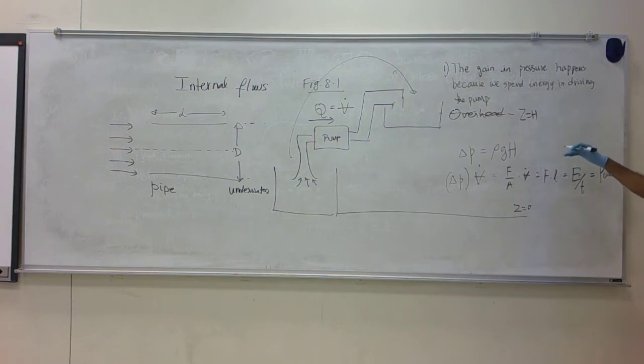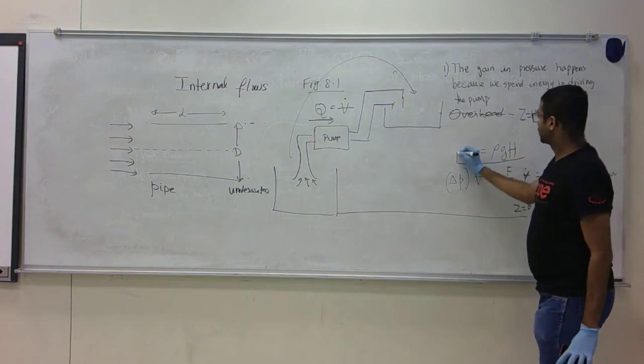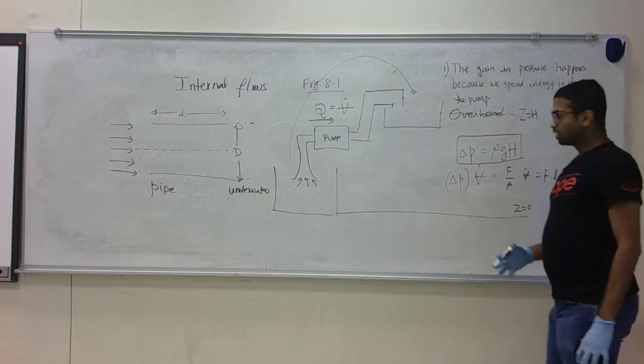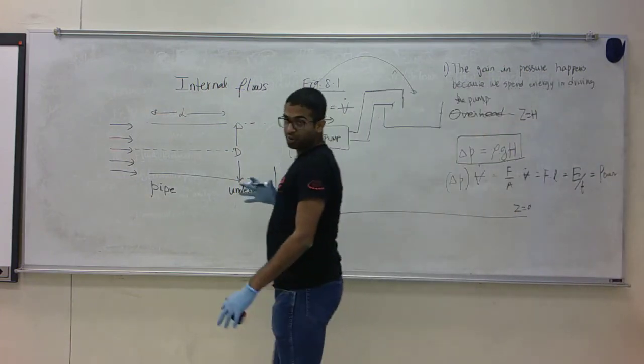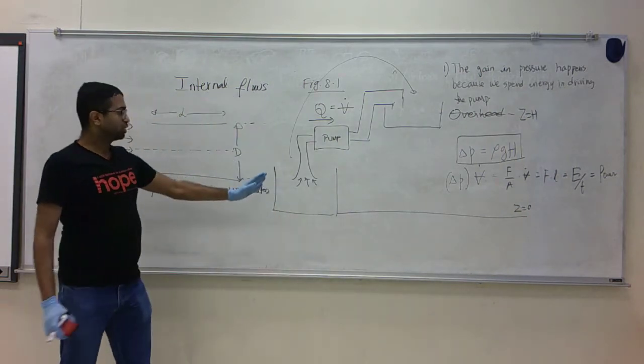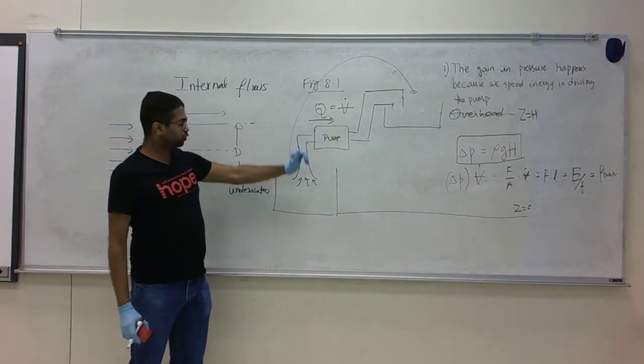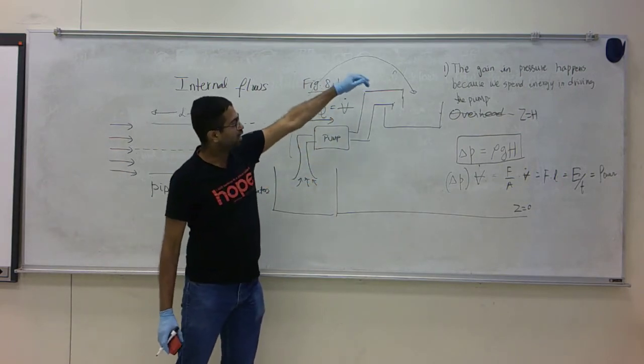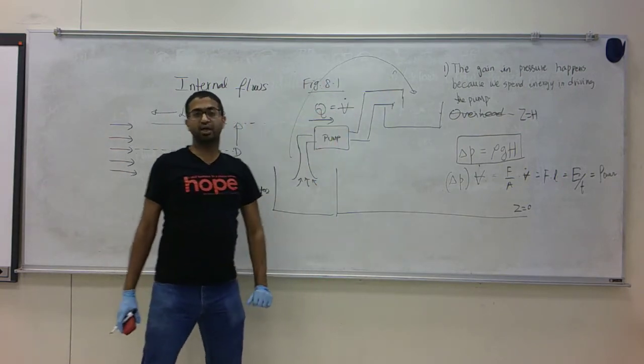So the first step is you gain hydrostatic pressure or you gain potential energy. Now when you are transporting this water, the water has to flow through these tubes, and you have a pump. Again, there is more tubing, and then it lands in the overhead tank.